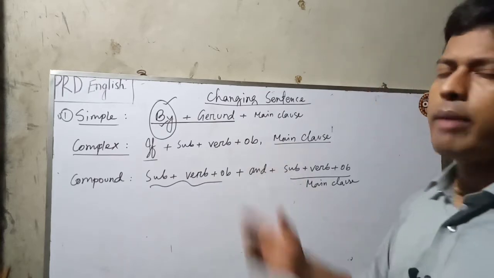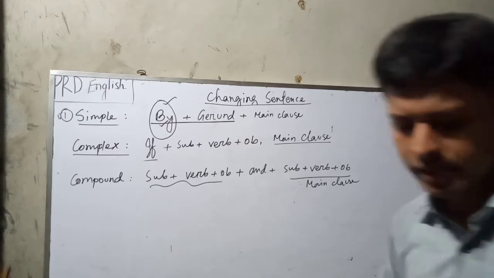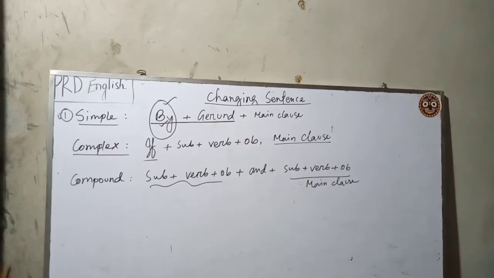So now I am going to give you an example of how to change this sentence. You can see here I have written by plus gerund with main clause, then if plus subject plus verb plus object, that means if with a dependent clause, then the main clause.